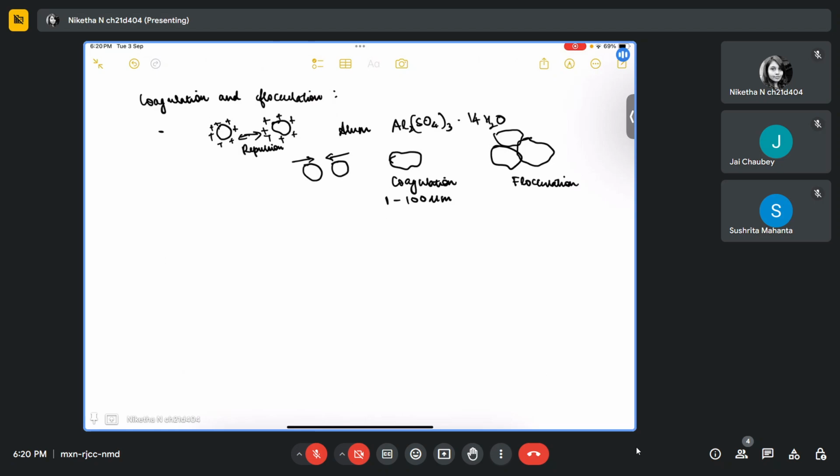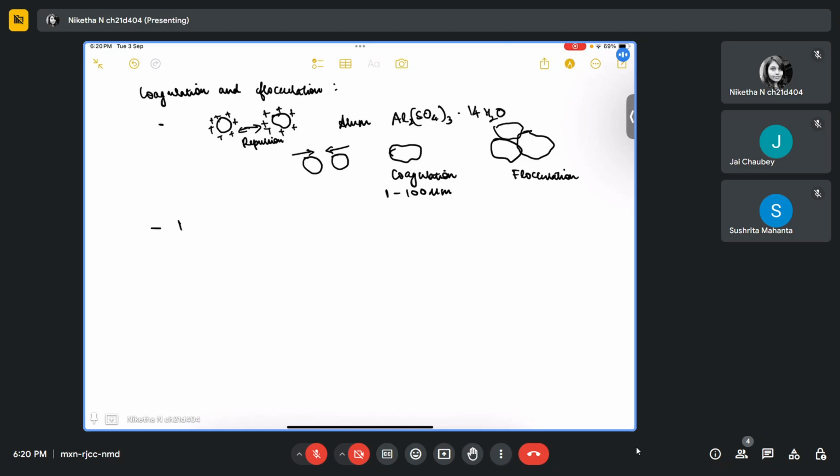This process can remove turbidity, it can remove color, and sometimes even some suspended solids also.